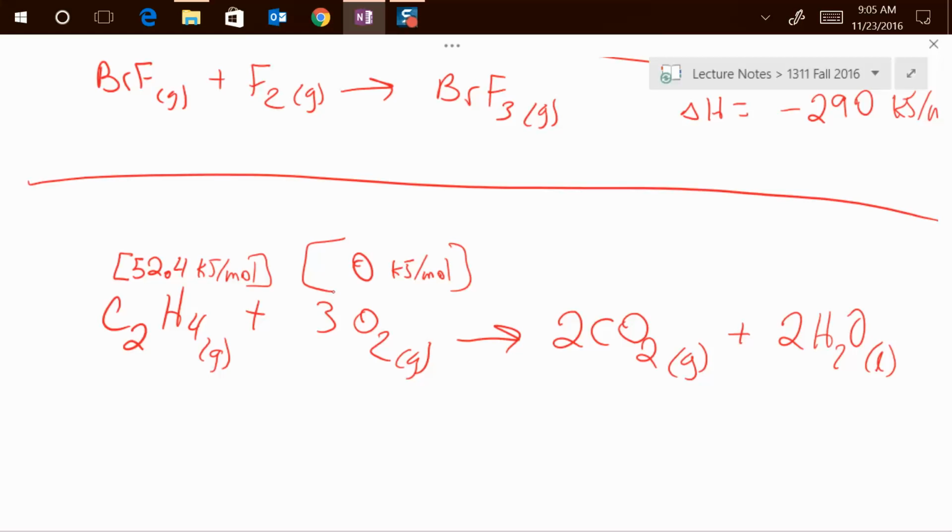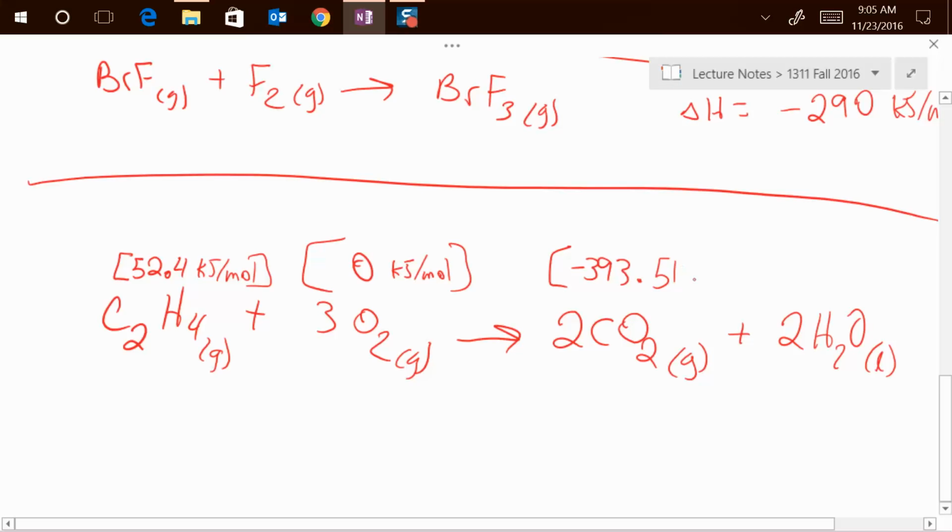Okay, delta H of carbon dioxide. Let's see, carbon dioxide has a delta H of formation of, that's gas, right? Negative 393.51 kilojoules per mole.